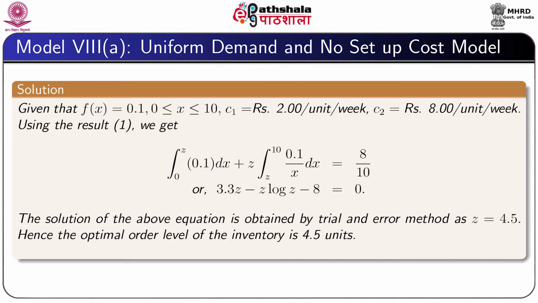Simplifying, we get 3.3 Z minus Z log Z minus 8 equal to 0. The solution of this equation is obtained by trial and error method as Z equal to 4.5. Hence, the optimum order level of the inventory is 4.5 units.